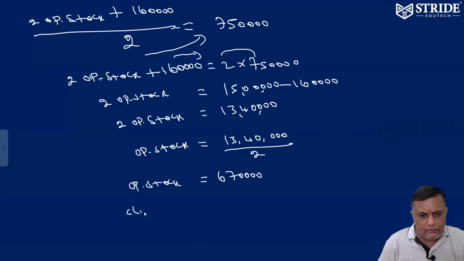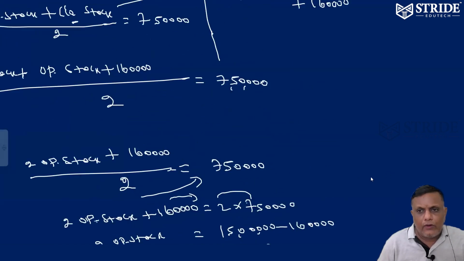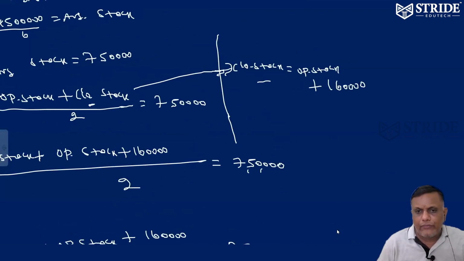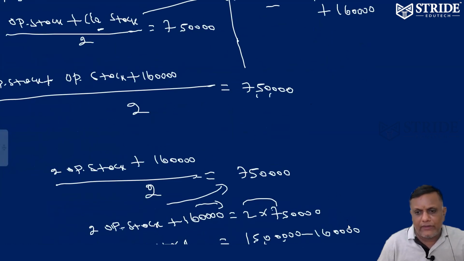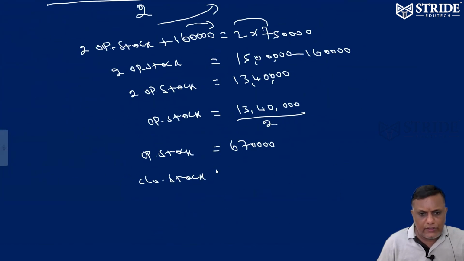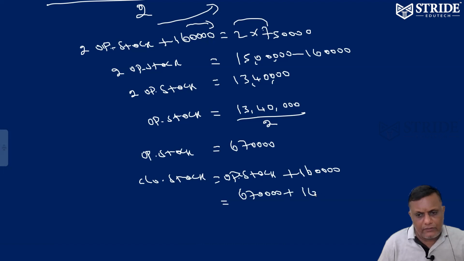And what about closing stock? Closing stock is equivalent to opening stock plus 1,60,000. Please check. Opening stock is 6,70,000 plus 1,60,000, answer 8,30,000.